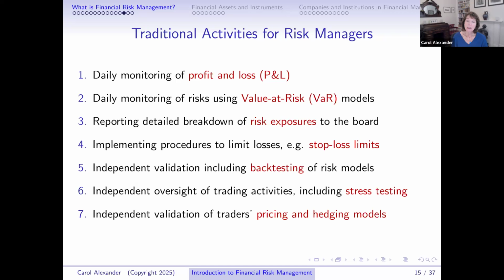And then finally, this is probably the most difficult activity, the independent validation of traders' pricing and hedging models, because these can be very complex. They require deep mathematical understanding. Don't forget that these traders in the front office, these are the rocket scientists that have their own proprietary trading.